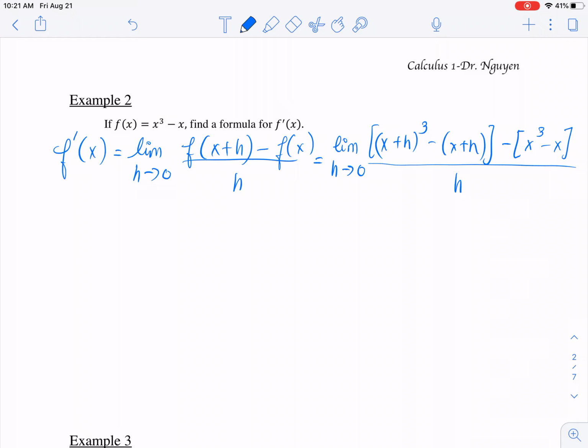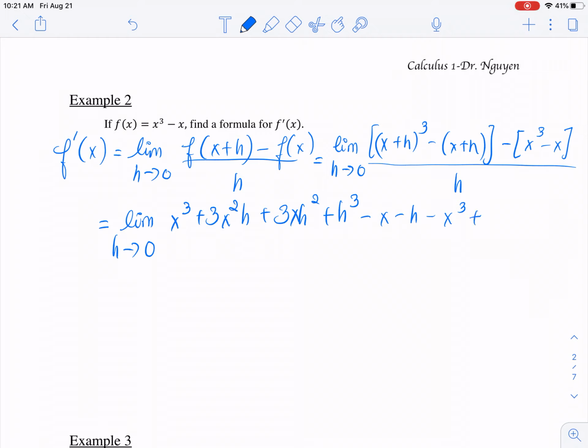We're going to end up with, hopefully I'm not making any mistake here, as h approaches 0: x cubed plus 3x squared h plus 3x h squared plus h cubed minus x minus h minus x cubed plus x, everything over h.